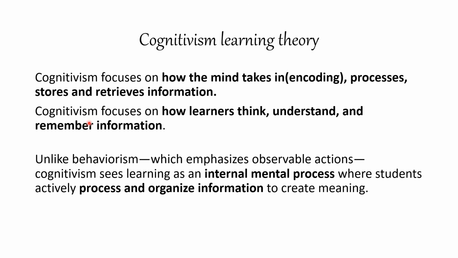So cognitivism focuses on how learners think, understand, and remember information. So here we are dealing with the mind, unlike behaviorism, where we deal with the behavior aspect. So unlike behaviorism, which emphasizes observable actions, cognitivism doesn't see it that way.